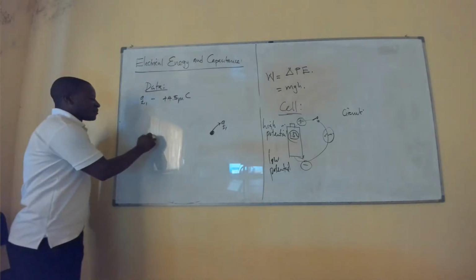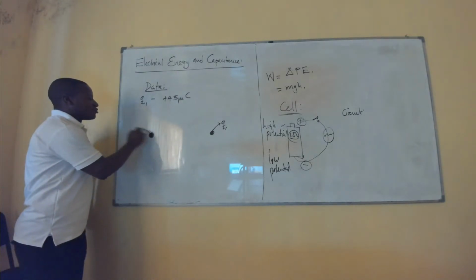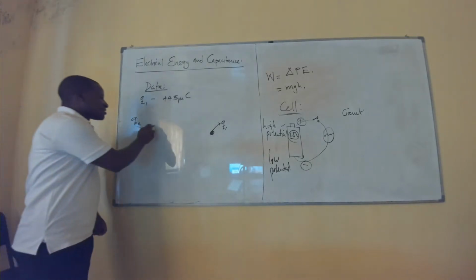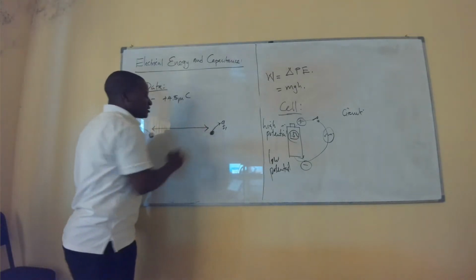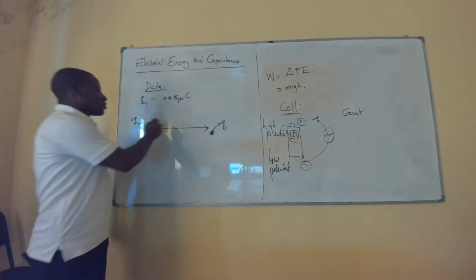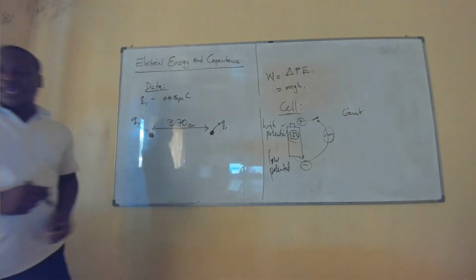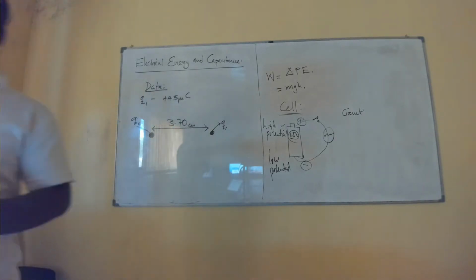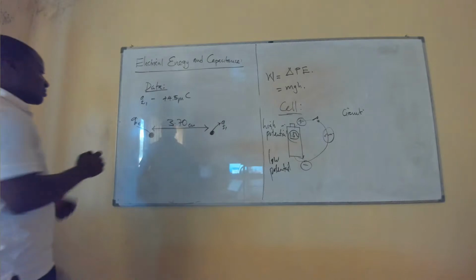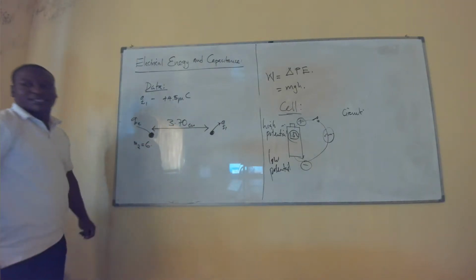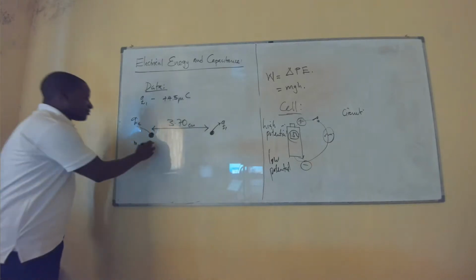So we have another particle which is here, which is our Q2, and the distance from here up to there is 3.70 centimeters. Then we are saying this has a mass, M2, of 6.9 grams.